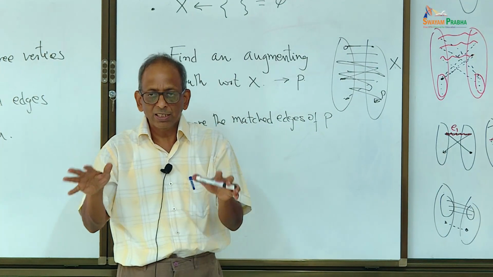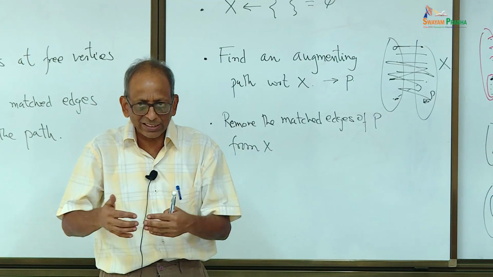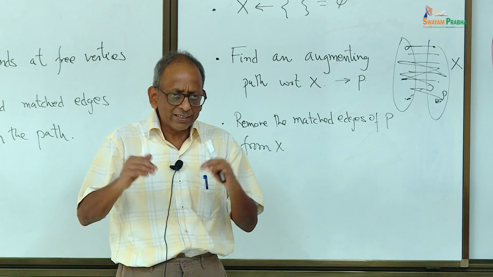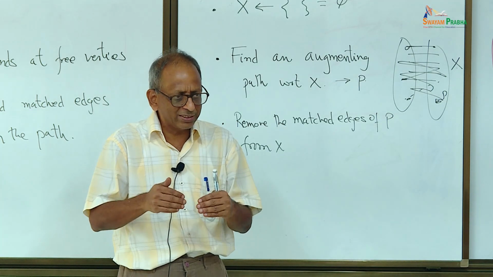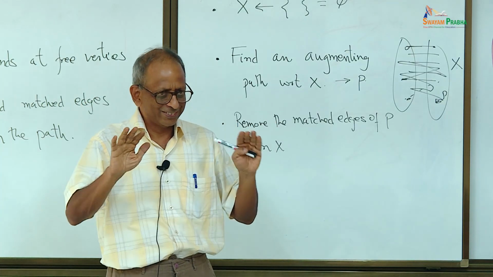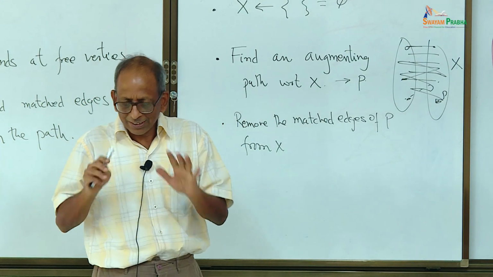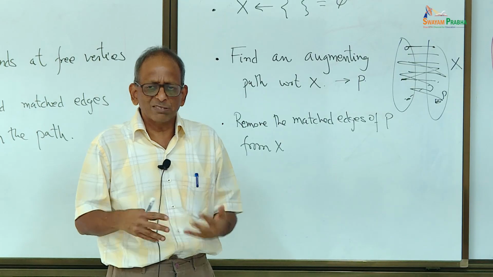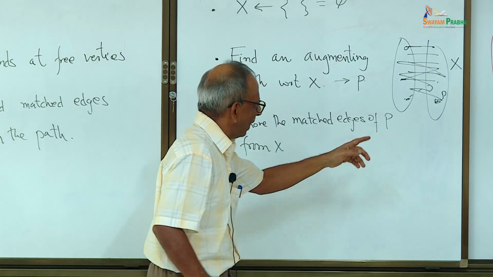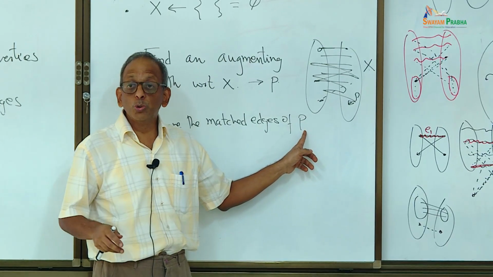So this P has some matched edges and some unmatched edges. And the number of unmatched edges is 1 more than the number of matched edges. Yeah? Okay, good. Now, to improve this matching, what should you do to the matching? There are some matched edges in P. What should you do to them?